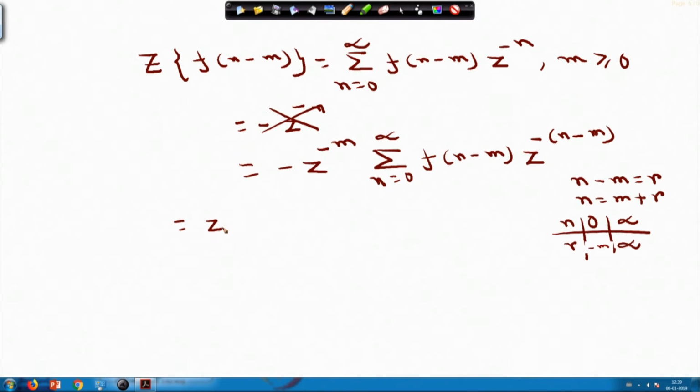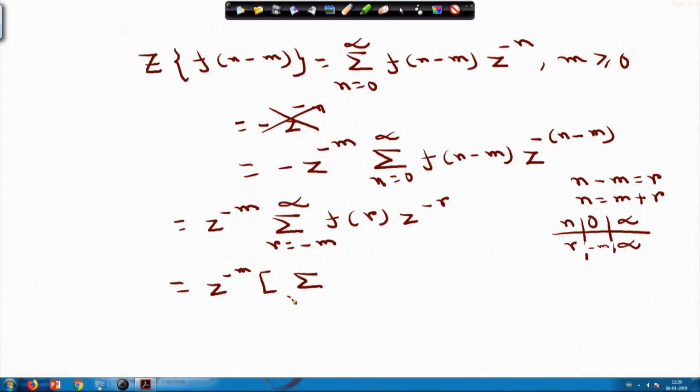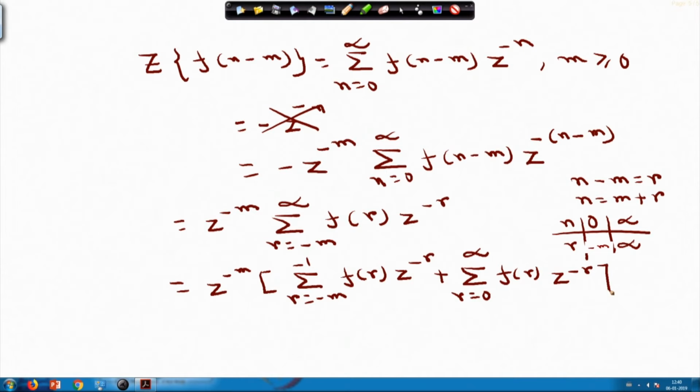So, this equals z to the power minus m into summation r equals minus m to infinity f of r, since n minus m is r, into z to the power minus r. I can break it into two parts: summation r equals minus m to minus 1 of f of r z to the power minus r, plus summation r equals 0 to infinity of f of r into z to the power minus r.